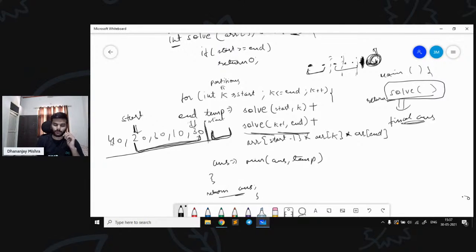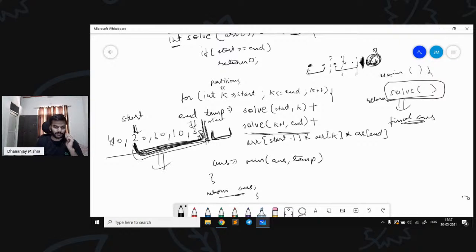But for the left part, you can see that my end is here and my start is here. So if I call my recursive function again, I'll be passing the same range. Correct? And in this range, again, if I reach till end here, I will be passing the same range again. So you will be doing computations for the same range again and again.